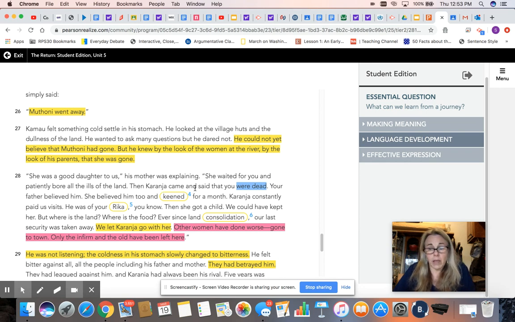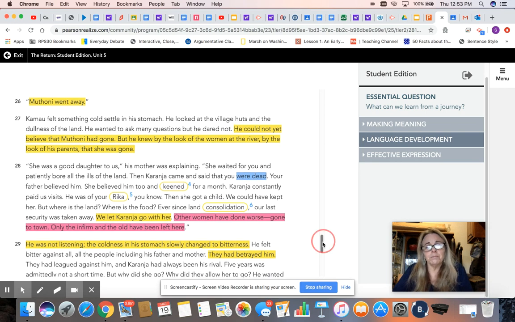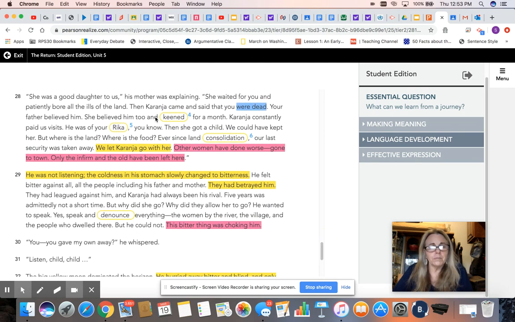And even Camus' father believed him. So he was very convincing. She keened, which means she mourned. She was sad and cried. And he kept visiting. And so then there's this big bomb. She got a child.